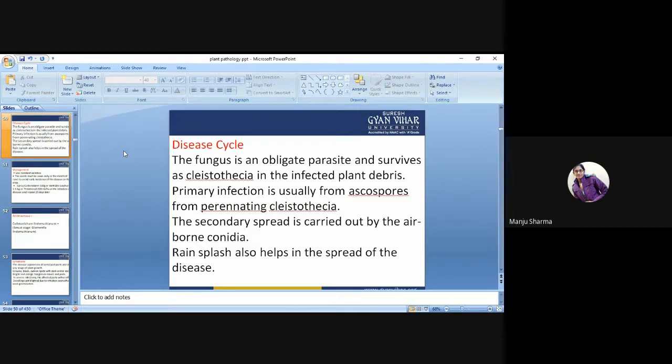The secondary spread is carried out by the airborne conidia. The fungus is an obligate parasite, which means it always requires a living host. And fungi which have a wide host range can absorb their nutrients and feed on any host.